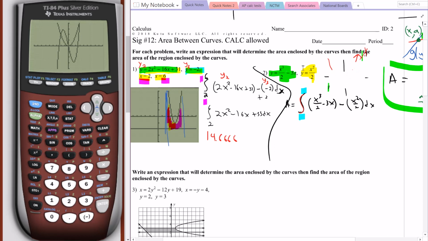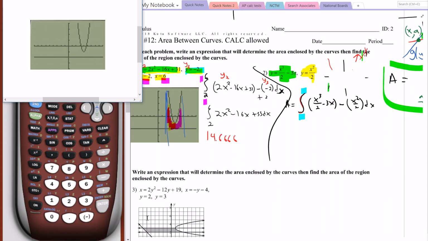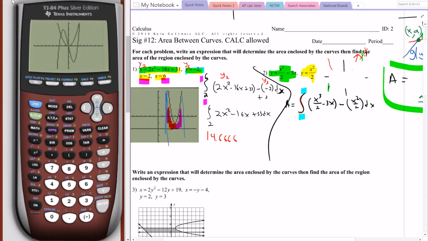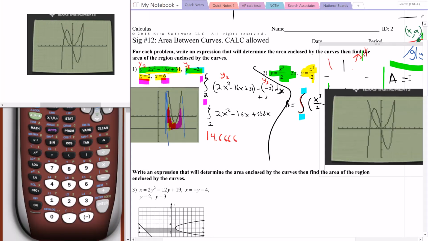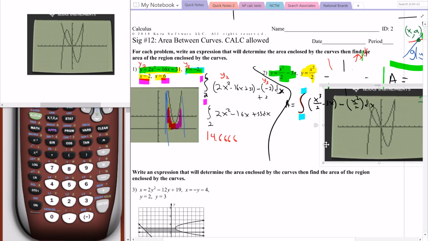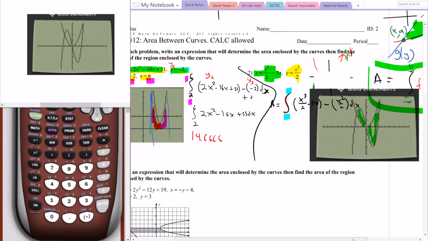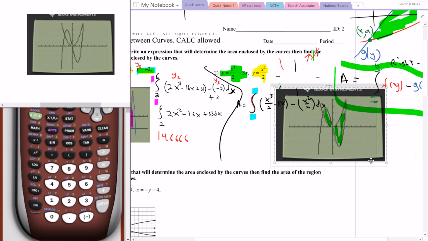So here, let me grab the thing from the calculator and show you what area we're trying to find. Okay, so we're trying to find this area and this area together, and they actually switch which function's on top and which one's on bottom. So we need to actually set up two integrals for this one.